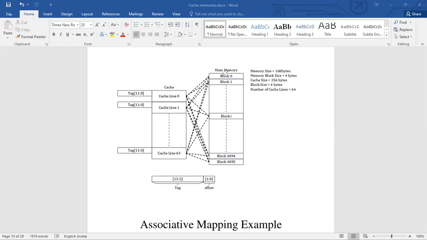Here you have to see this. Block 0 and block 1, these two are frequently used, and some other blocks, and block 4094 and block 4095 are frequently used.